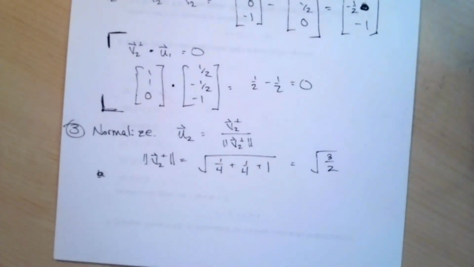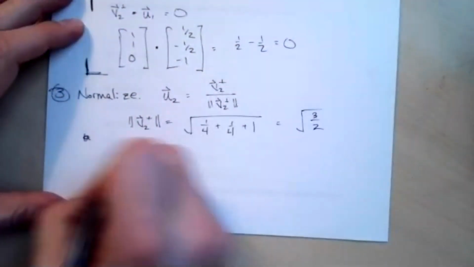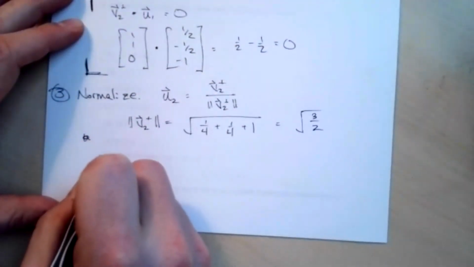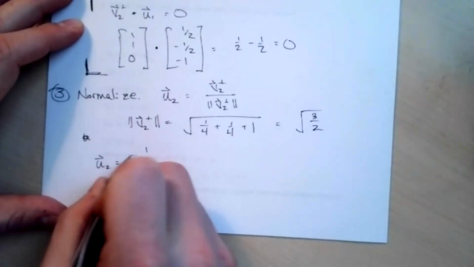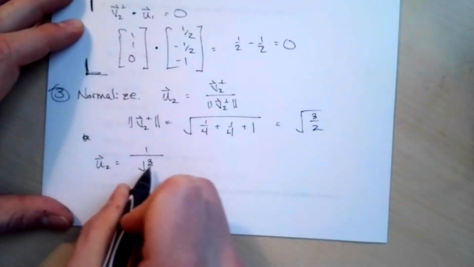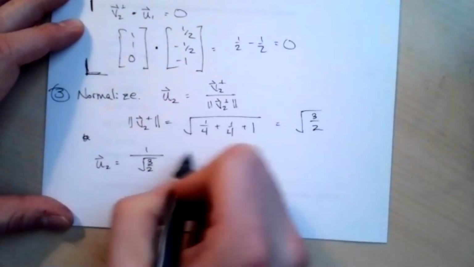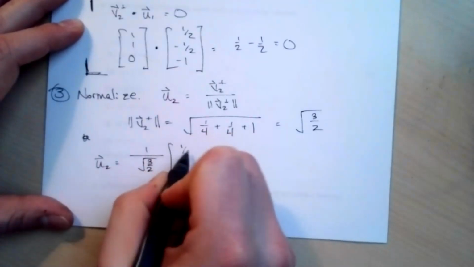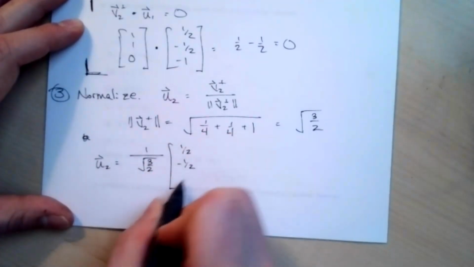Not a terribly nice number. So our U2 is going to be 1 divided by square root of 3/2 times our 1/2, minus 1/2, and minus 1.